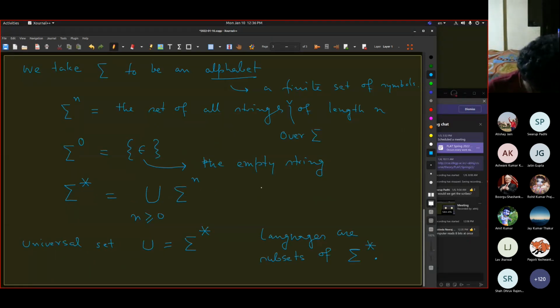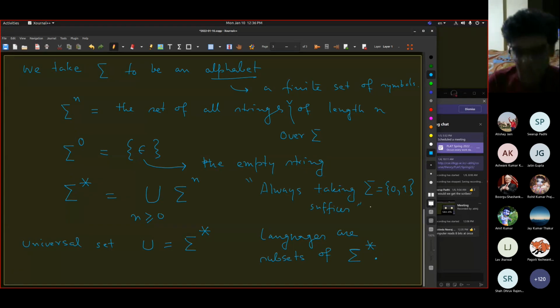So always, I would say, taking sigma equal to {0, 1} suffices. But we will not always do it. Sometimes we will take a, b, c, 0, 1, 2, 3, and we will also consider unary alphabets.